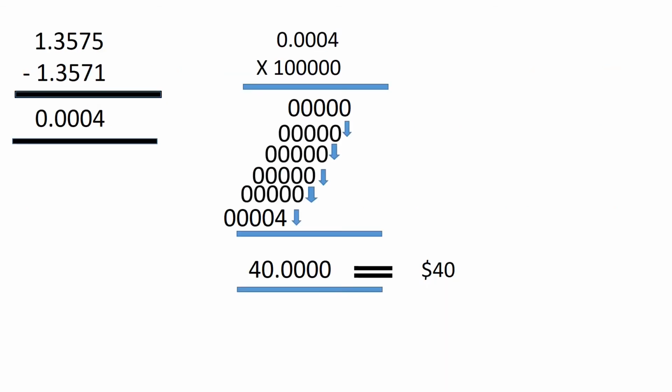Okay, now let's calculate our pips and our profit. To calculate our pips, we get the number when we entered into the market. So we entered into the market at 1.3571, and we left the market, that's closing an order, at 1.3575.